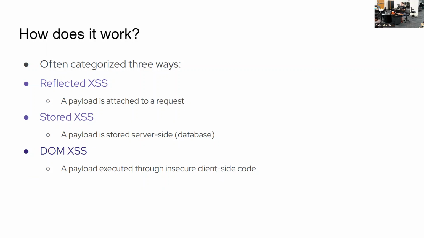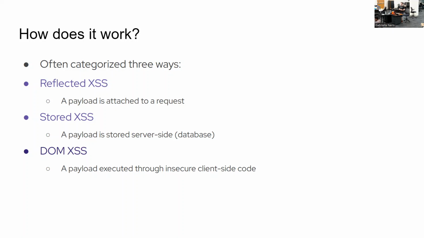So if a victim visits a web page controlled by the attacker, that attacker's web page can run JavaScript, which will either redirect the victim to the vulnerable application or otherwise cause the victim to send a JavaScript payload to the vulnerable application that runs in their browser.